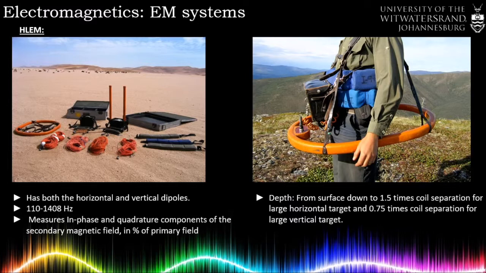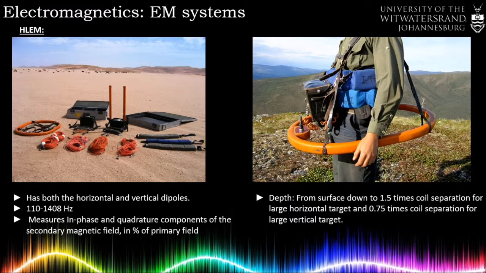So the depth: a rough estimate is about 1.5 times the coil separation for horizontal features, and then about 0.75 for vertical features. That's just how the magnetic field gets affected by these bodies. But let's go conservative and just say 0.75 when doing depth planning, because it also involves the frequency, it's not just your separation.